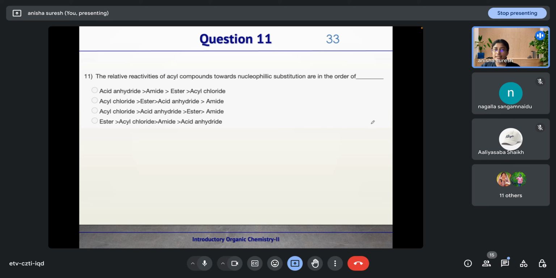The relative reactivity of acyl compounds towards nucleophilic substitution are in the order of. So here different carboxylic acid derivatives are given, and their reactivity towards nucleophilic substitution. So we have to write the order of that. So we have acid chloride, ester, amides and acid anhydride. Among these, what is the right order for nucleophilic substitution reaction?